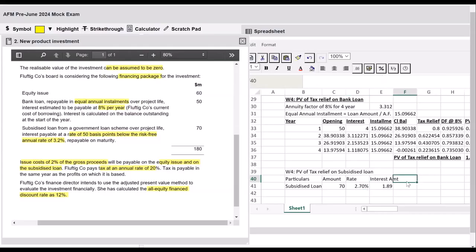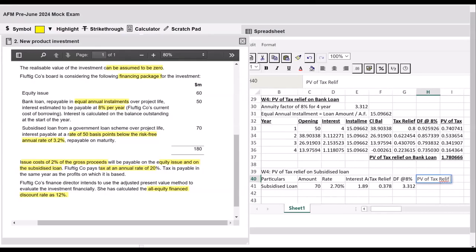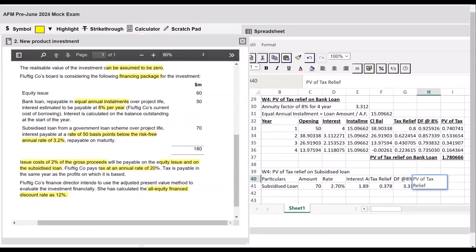And further the tax relief, which is at 20 percent of this, 20 percent tax relief on the interest, discounted at 8 percent, which is Kd, for 4 years, 3.312, would give me the present value of tax relief, which is going to be 1.25.